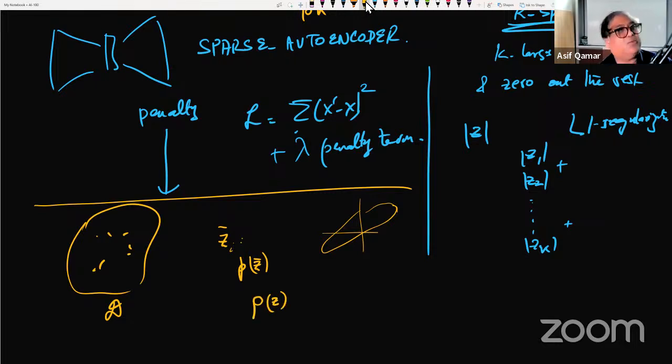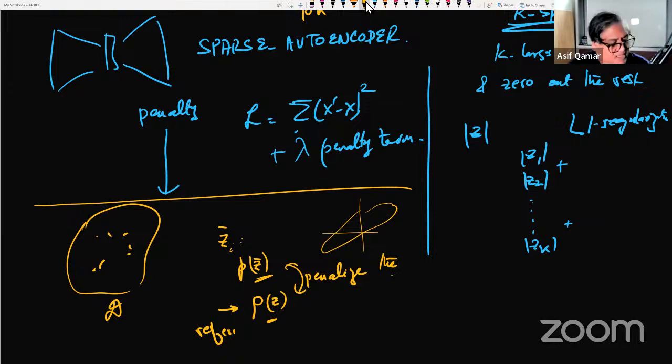You say, I want the probability distribution to look like this, the reference. And then the penalty is, if the probability distribution of the latents differs from this, you penalize the difference. But I won't go into it because we are going to come upon the topic of variational autoencoders.